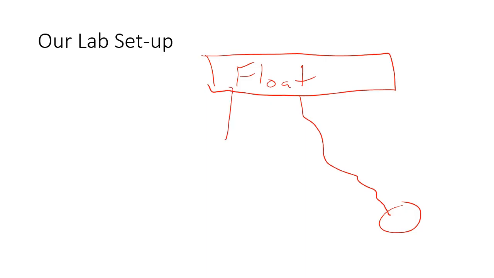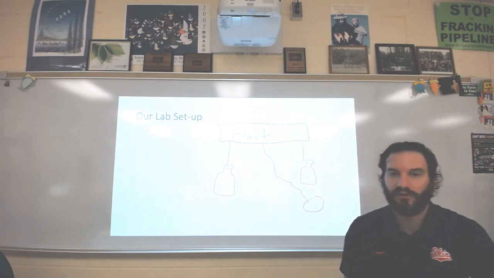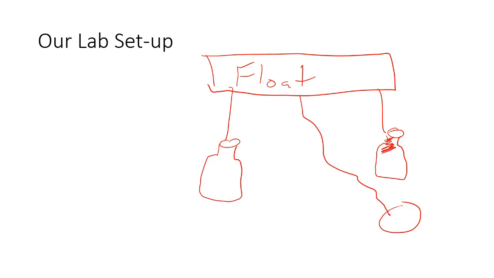Then attached to the float on equal length ropes, I'm going to have the bottles. Bottle here and a bottle over here. All right, so far you're with me. My 2 bottles on a float with an anchor. Now, one of them is going to be dark, so I'm just going to color that in real quick. All right, so you understand.